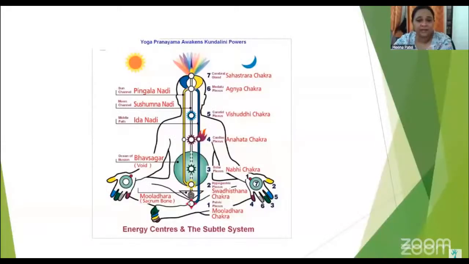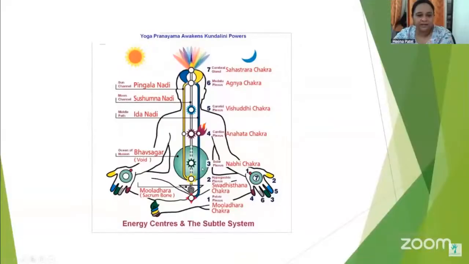It's a huge design. We have all the 7 chakras. We have 3 nadis. This is the Sushumna Nadi, and we have the Ida and Pingala Nadis. One is the moon energy, and one is the sun energy. If you pierce the Sushumna Nadi, you gain knowledge about who you really are.